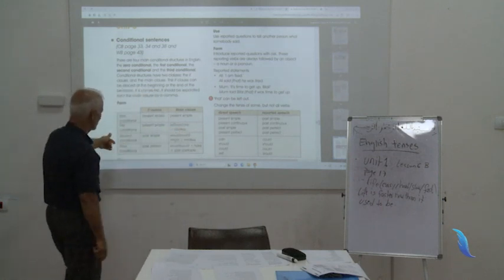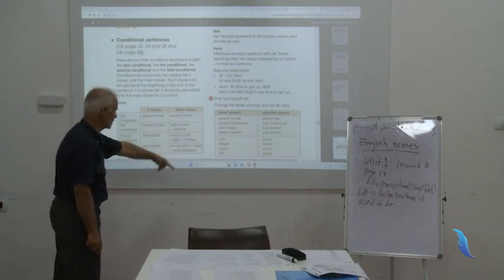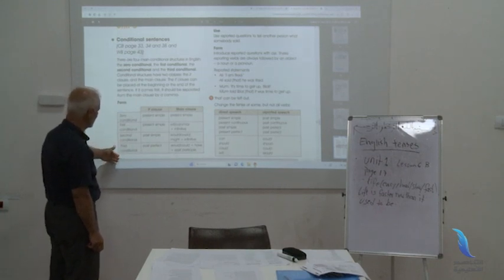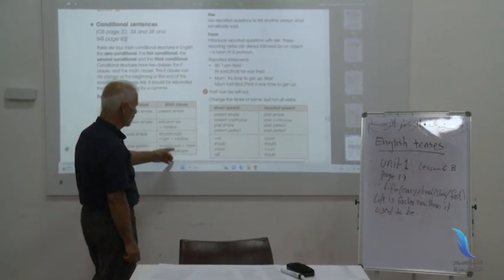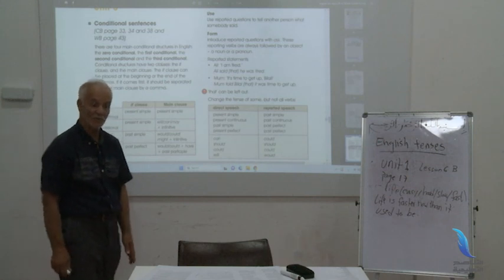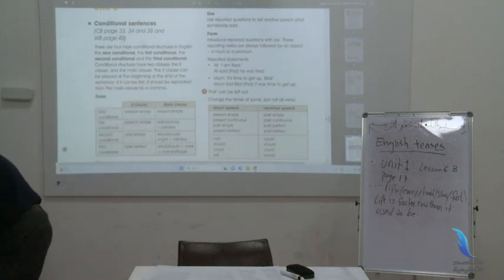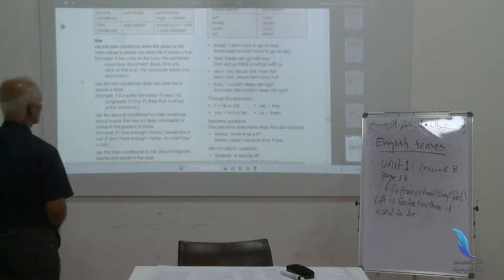Second conditional: past simple, would or could, might, plus the infinitive. And the third conditional is past perfect, would plus have plus past participle of the verb. Okay, we will see some examples.